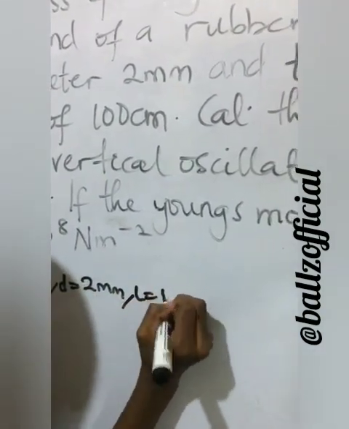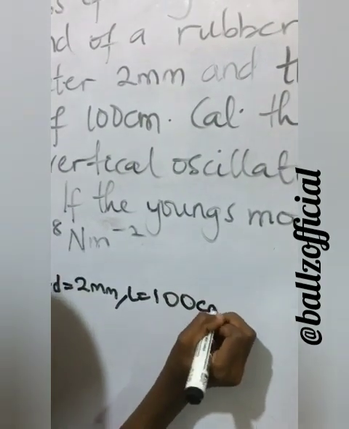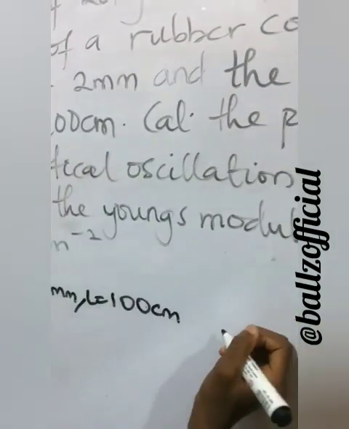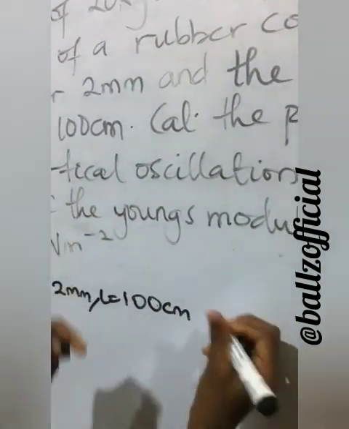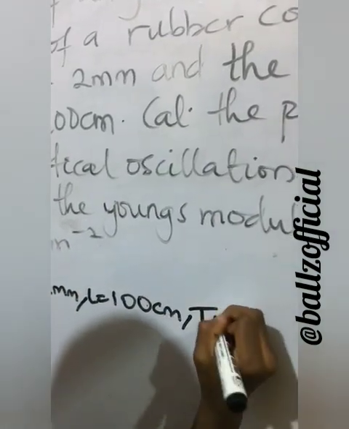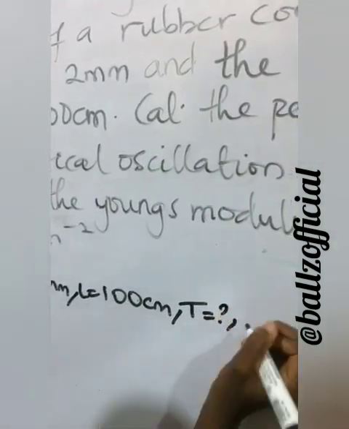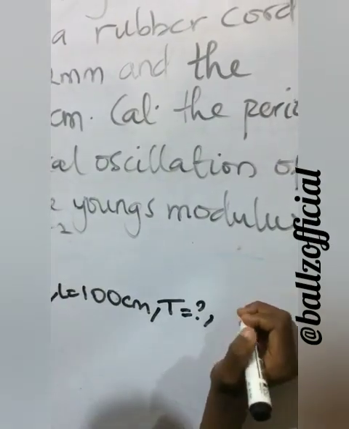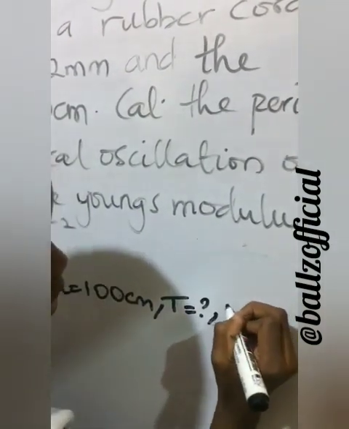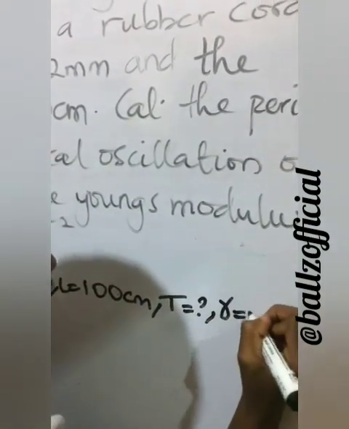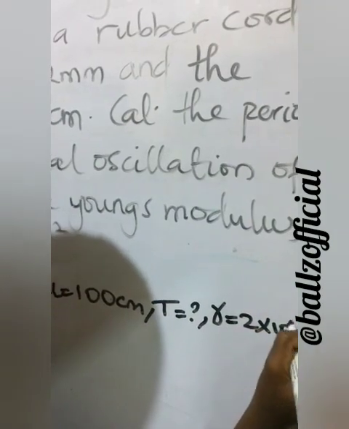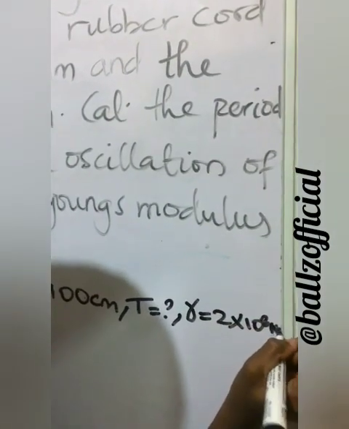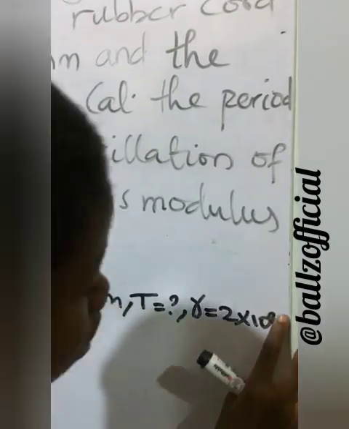L is equal to 100 centimeters. Calculate the period of the vertical oscillation of the mass. Period is capital letter T, question mark, if the Young's modulus is 2 times 10 to the power of 8 Newton per meter square. This is Young's modulus, 2 times 10 raised to the power of 8 Newton per meter square, sorry.